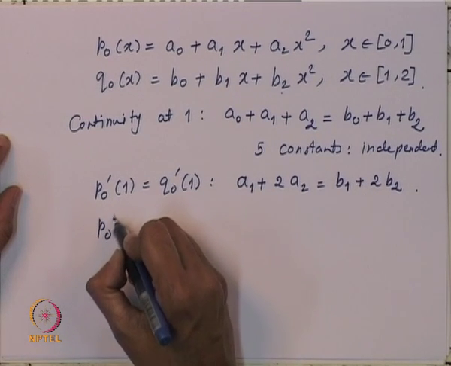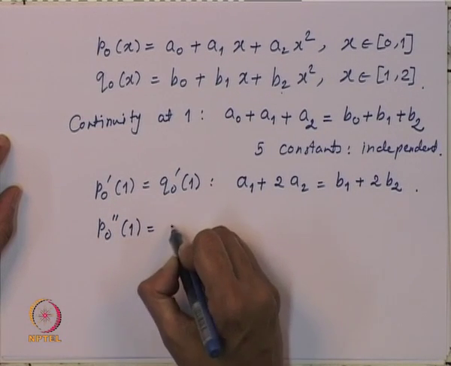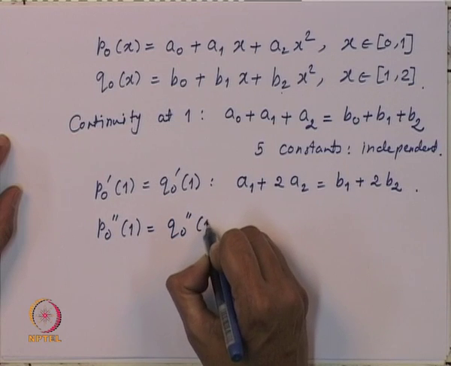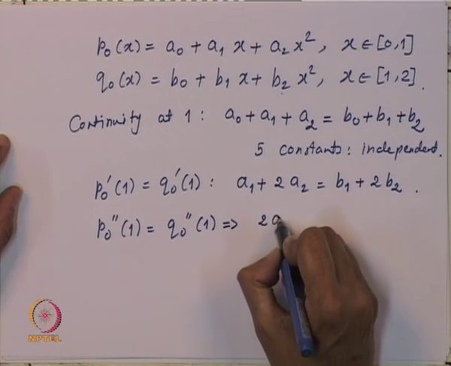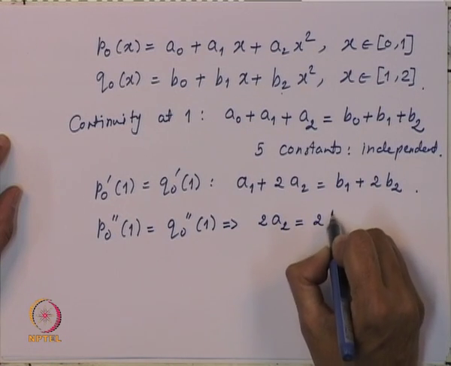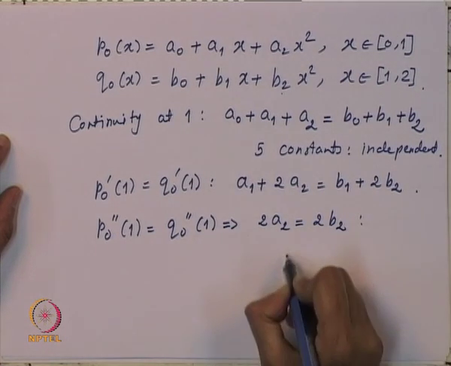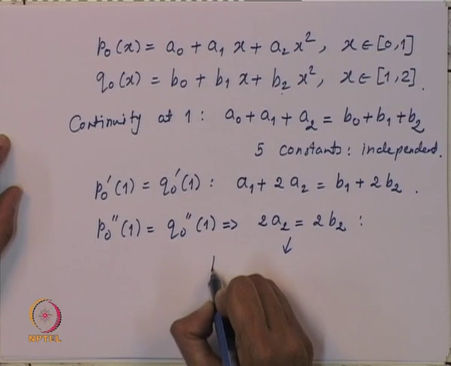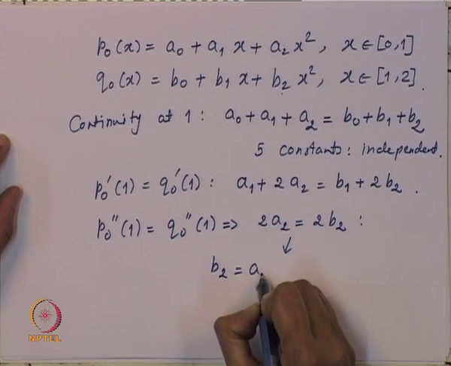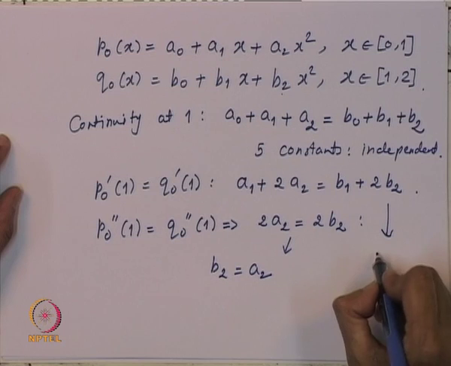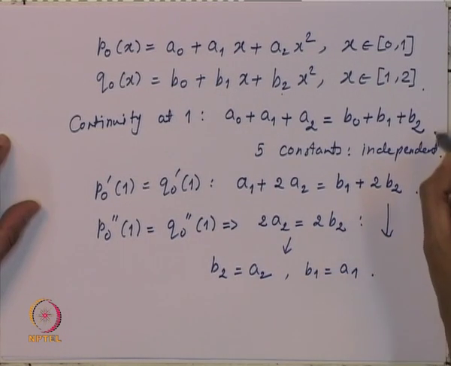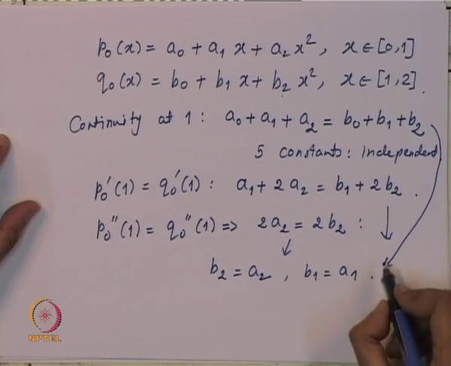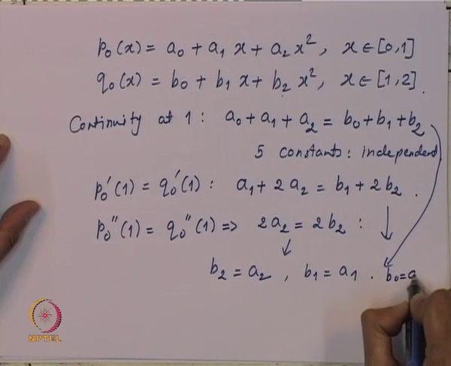If we say that P0 double dash at 1 is equal to Q0 double dash at 1, then this will imply that 2 a2 should be equal to 2 b2. So, from here we have b2 equal to a2. From here we get b1 equal to a1, and from here we get b0 equal to a0.